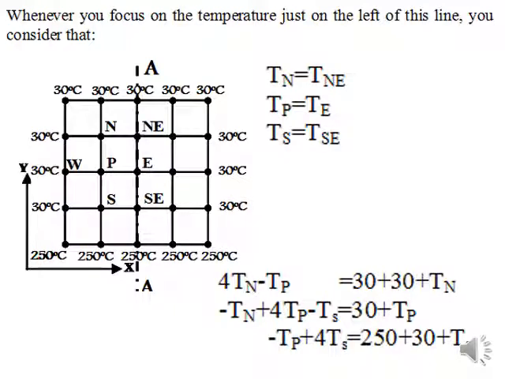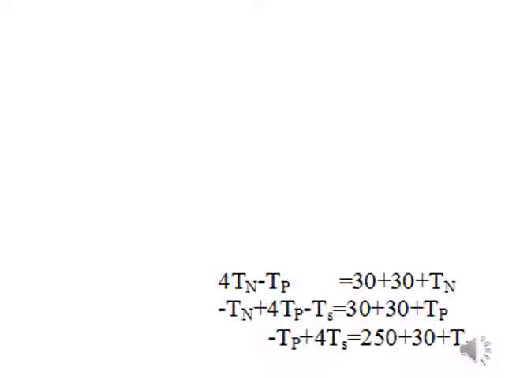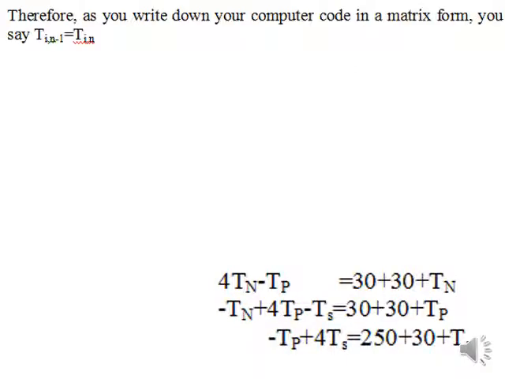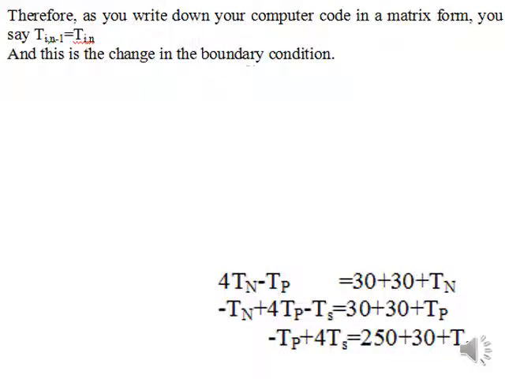And again for the third equation. So when you solve, you will say to the computer, just do not repeat this statement, just say that Ti,n minus 1 will equal Ti,n, so that the subscripts indicate the location in the matrix. So this is the change in the boundary condition that you have to tell the computer about.